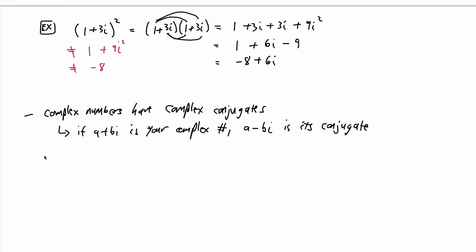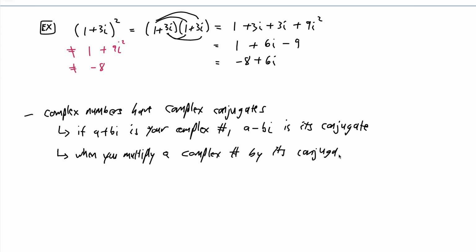Okay? Now, something else to think about is when you multiply a complex number by its conjugate, the result, right, what comes out of it, the result is a real number.